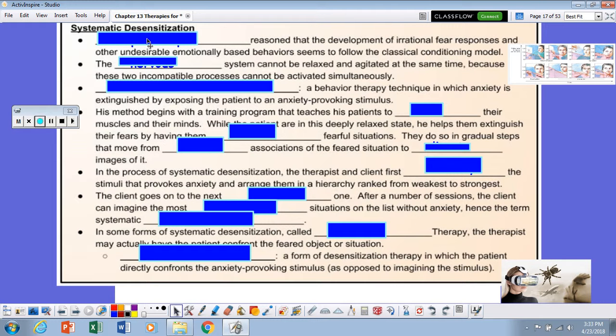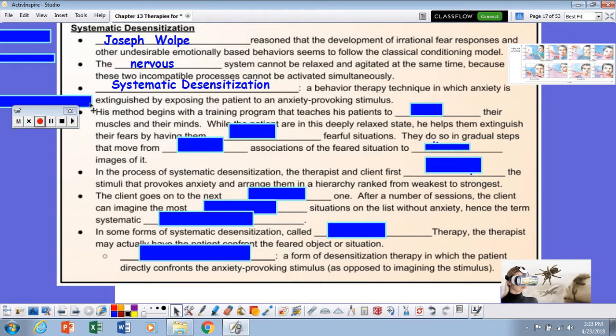Systematic desensitization. A guy named Joseph Wolpe reasoned that the development of irrational fear responses and undesirable emotionally based behaviors seem to follow the classical conditioning model. The nervous system cannot be relaxed and agitated at the same time because these two have incompatible processes that cannot be activated simultaneously.